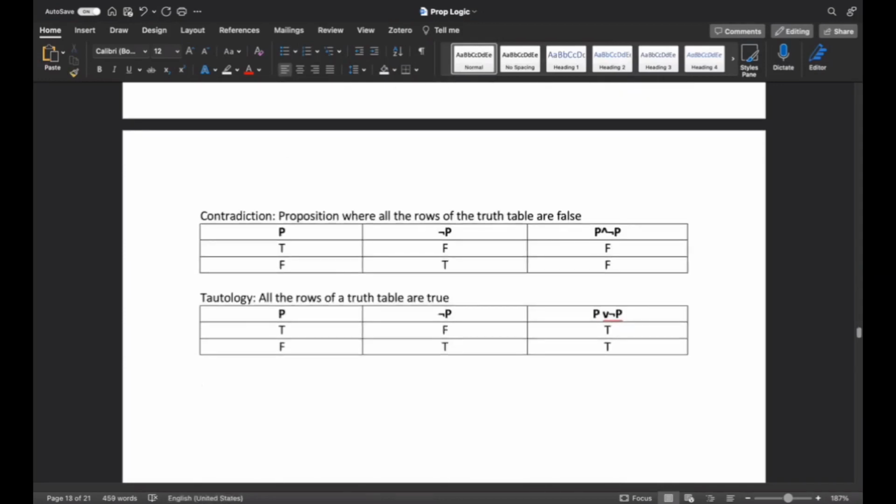Now, can you think of some proposition which is a contradiction? You can take this as homework. Think of a proposition which is a contradiction, but it should not be a simple form.